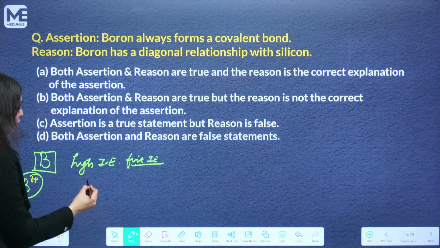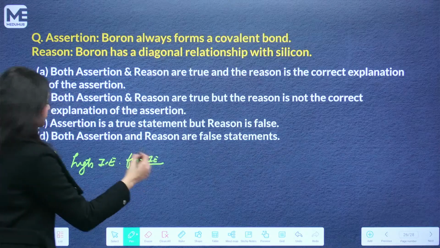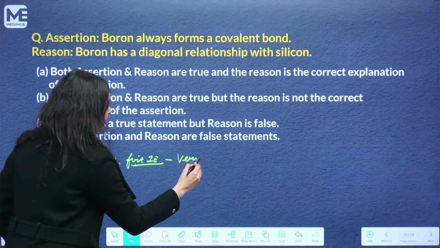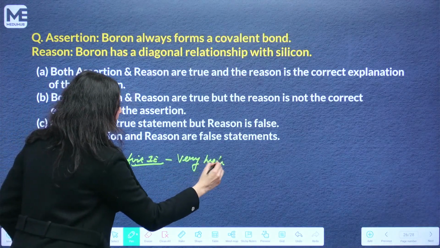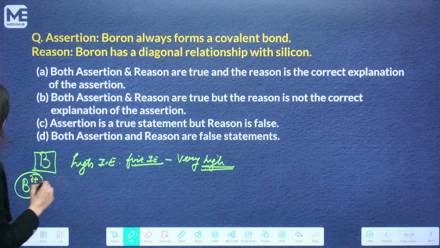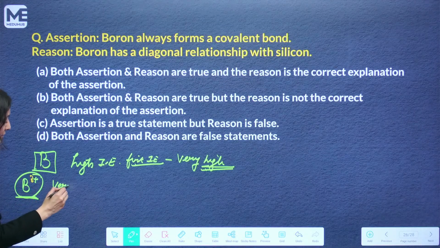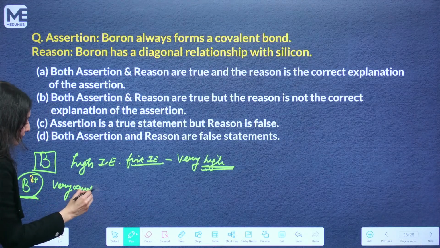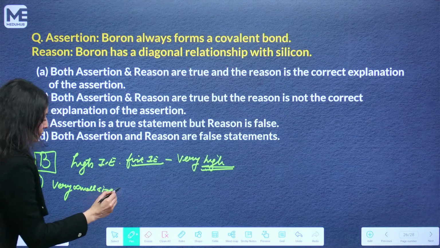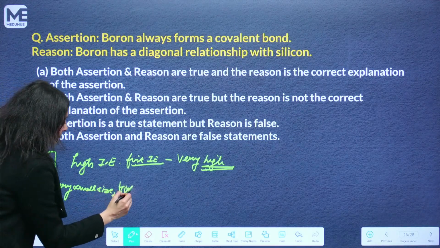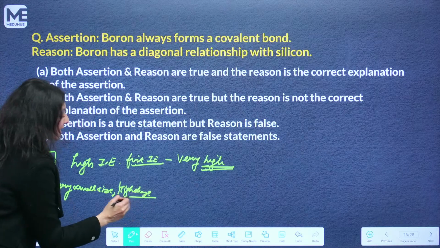So the sum of the first 3 ionization energies for boron is very high. And also if you say B3+ is getting formed, it is an ion of a very small size and a high charge. Small size and high charge.